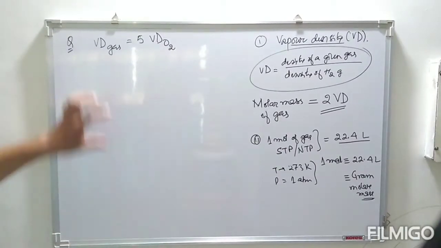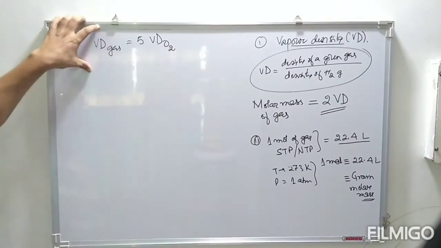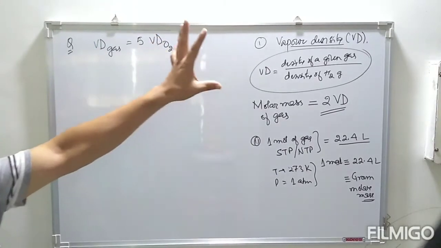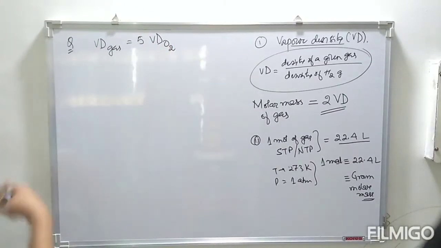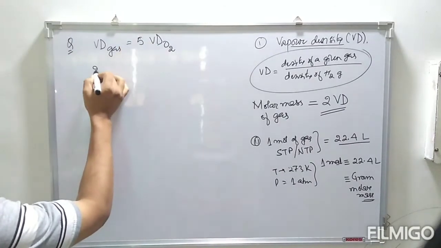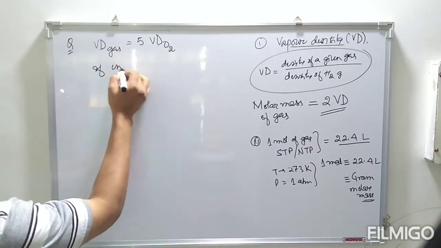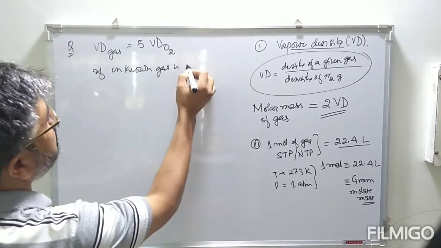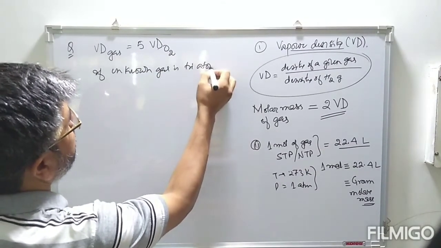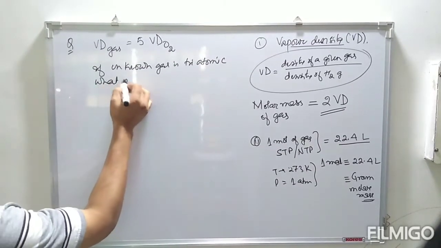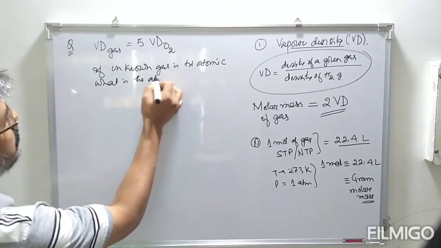Then question says if the unknown gas is triatomic, what is the atomic mass?